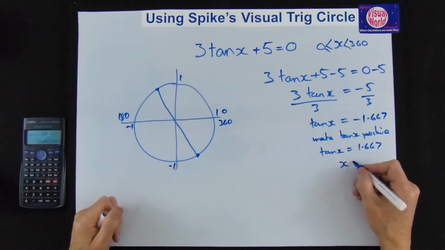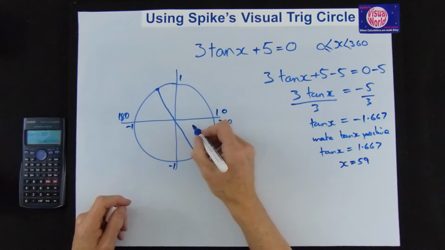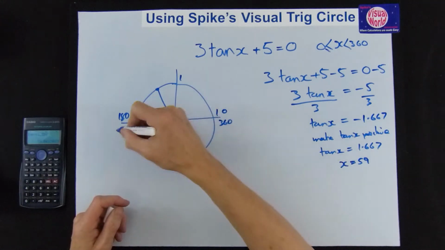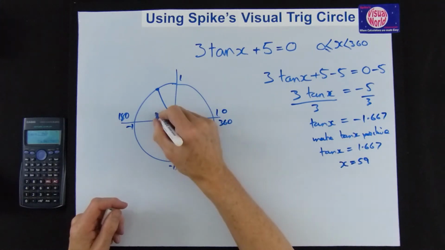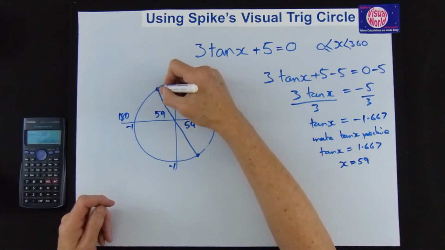We're not going to write the 59.0, so we just go x equals 59. So we know, always draw your angles never in there, it's always the angle to the straight. So we put our 59 in there, our 59 in there, and you can see where our angles are.